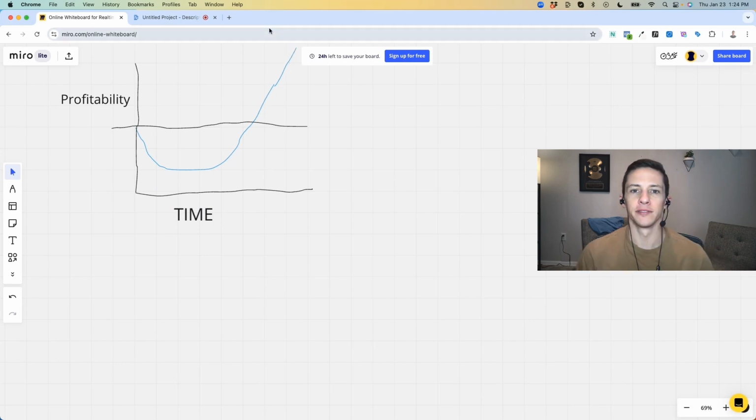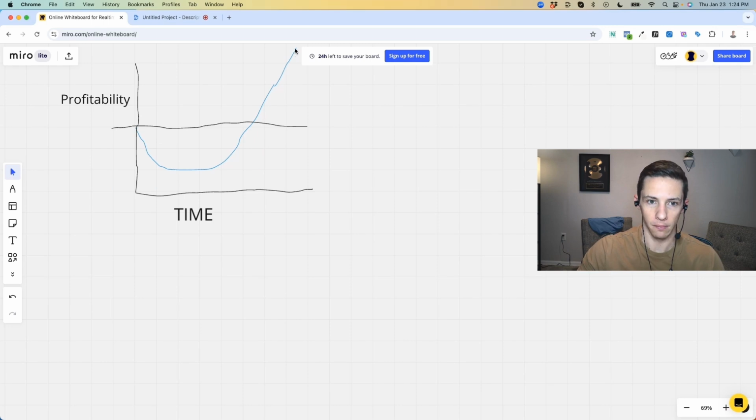This is also reflective of the metaphor you might hear, that you've got to spend money to make money, right? In this scenario, someone is spending money to make money.